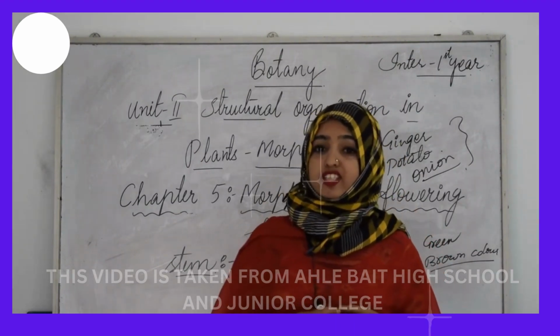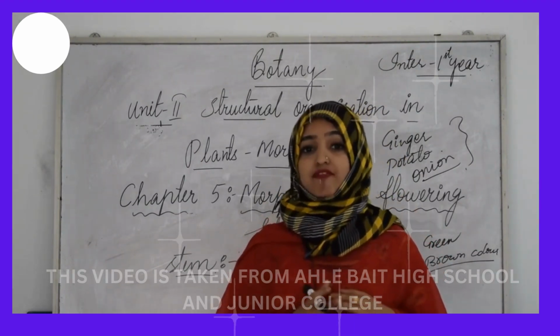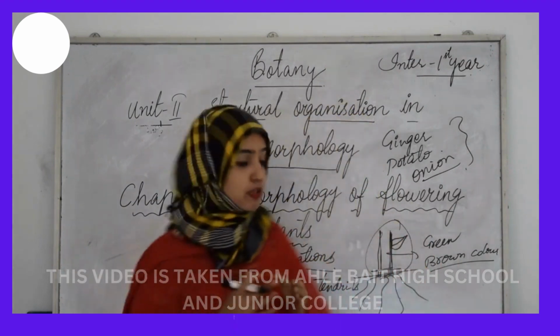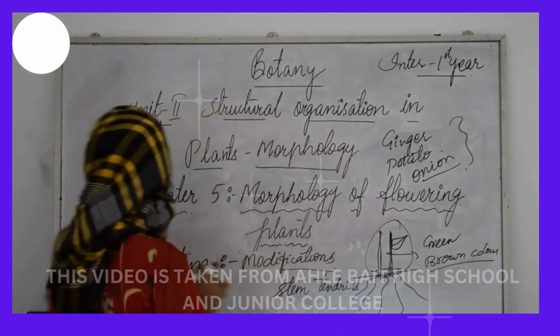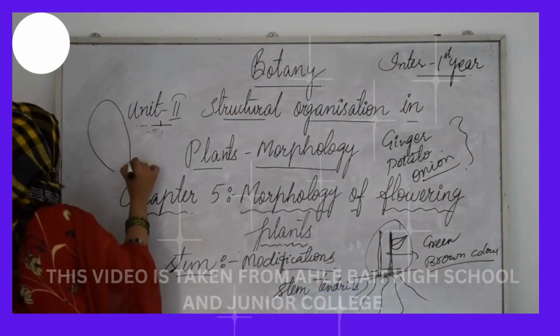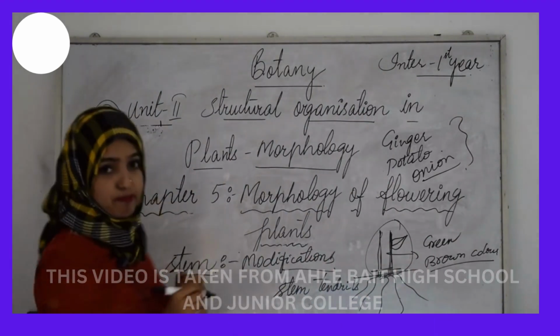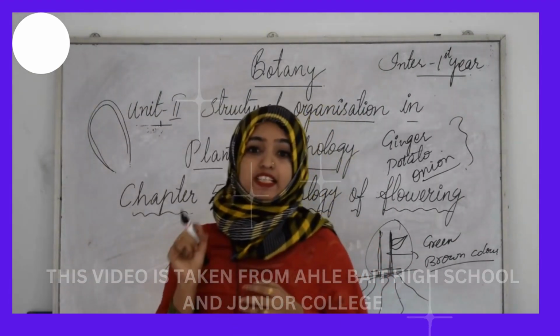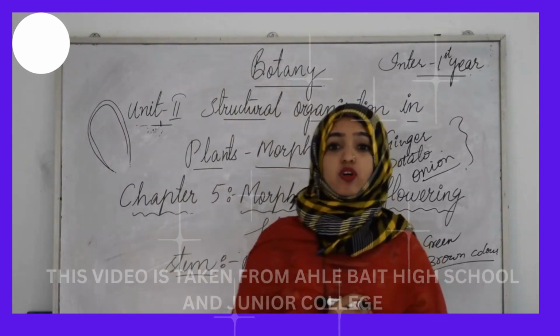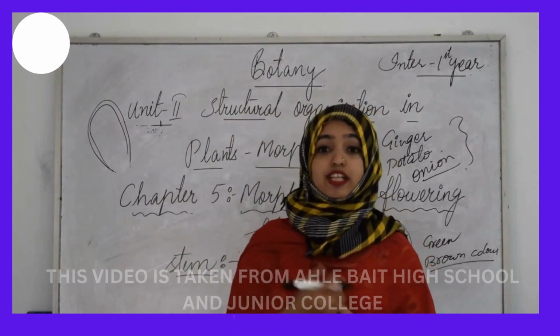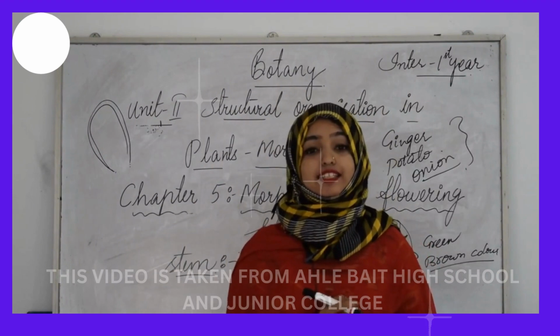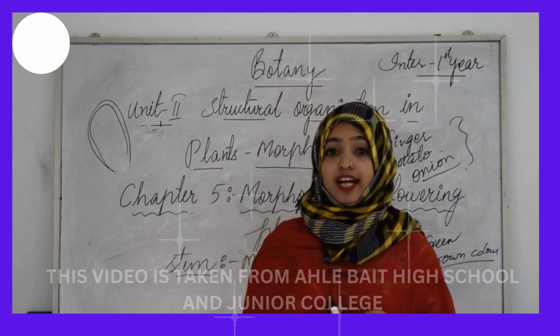Some plants of arid regions modify their stems into fleshy, flattened forms, that is Opuntia. The best example we can see is Opuntia. We all know that in Opuntia, a leaf-like structure is present, consisting of spines on the surface, right? Or fleshy cylindrical, the example for that being Euphorbia, or needle-like, that is Casuarina. These structures are called phylloclades.